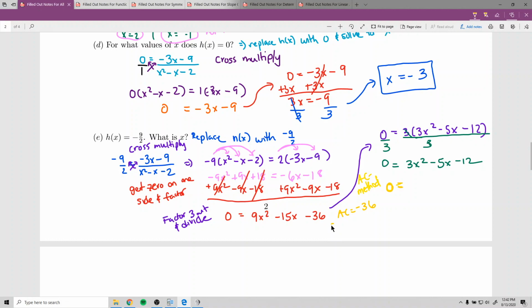And then we need to pick 2 numbers that multiply to that and add to negative 5. And that would be negative 9 and 4. All right, so we got 3x and x as far as the front. And to get negative 9, if we multiply 3 by negative 3, that'll work. And then if we want the 4, if we multiply the x by the positive 4, we'll get exactly what we need.